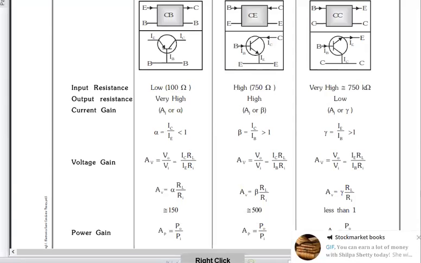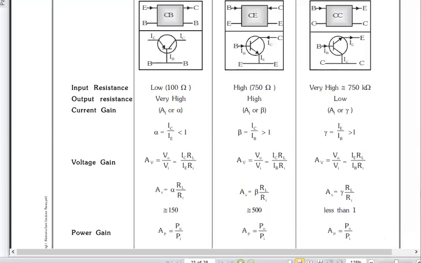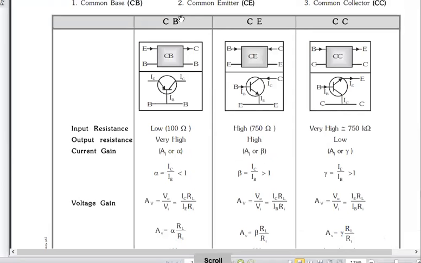We have derived everything for this common emitter circuit, right, everyone? Now we can derive for common base and common collector also, but it is not in our syllabus, so we need not worry about that, right? But we can just see how this will work. Now we will just see this common emitter that we have already studied, and we'll try to relate this with common base and common collector.